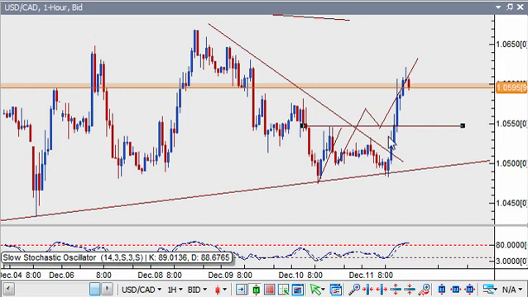Now the market has been very aggressive, and instead of retracing here, has already gone through the previous highs here. So now we see some kind of short-term reversal pattern.